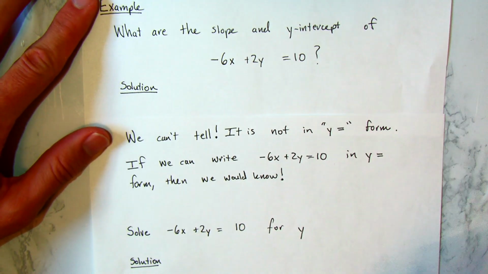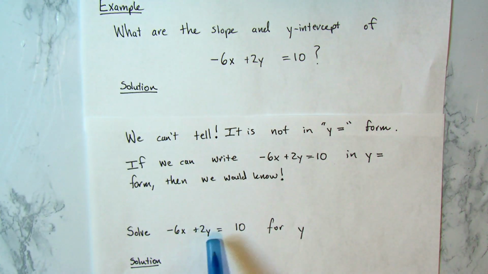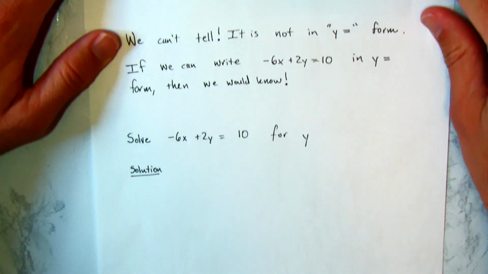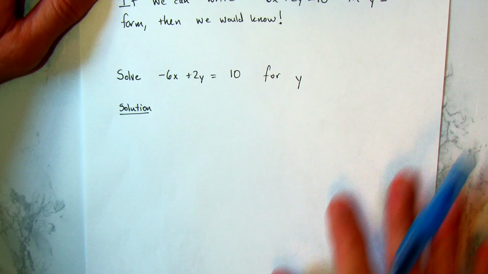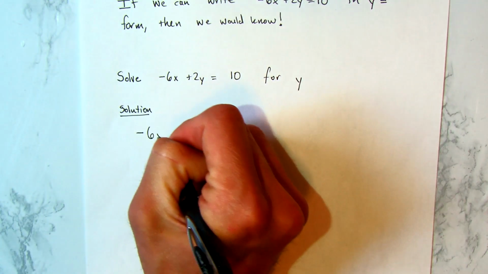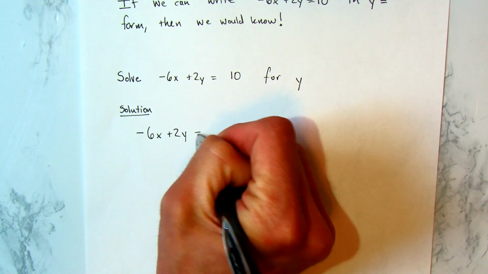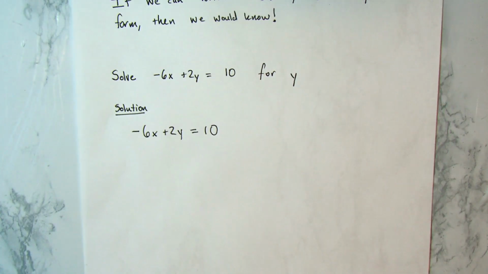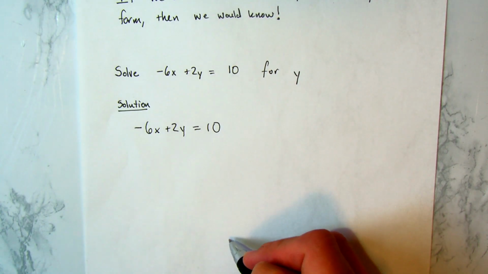Okay, so we're going to solve negative 6x plus 2y equals 10 for y. So this is like the literal equations part. We're solving for a letter. We want to isolate y. So let's go ahead and do that. Our goal is to get y alone.